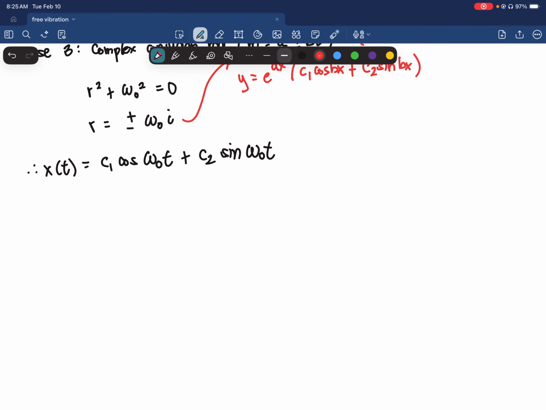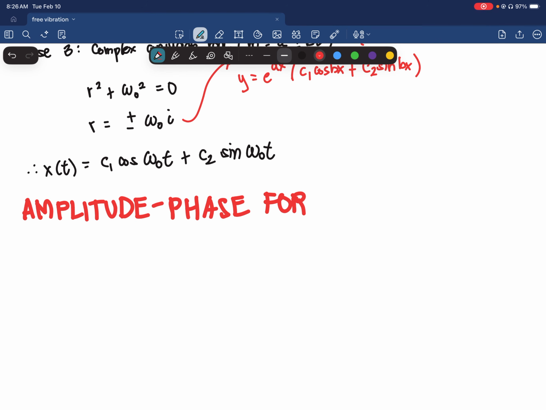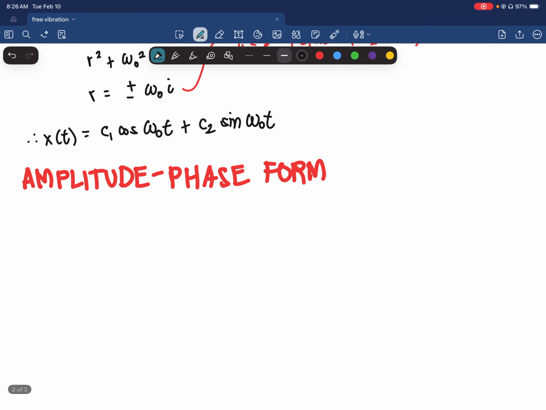Now, since we're dealing with vibration engineering, we want to convert it into something that we can actually use instead of just a general solution. So, convert natin siya into our amplitude phase form. In which yung ating amplitude phase form, that is x as a function of time, that is equal to A cosine of omega naught t.